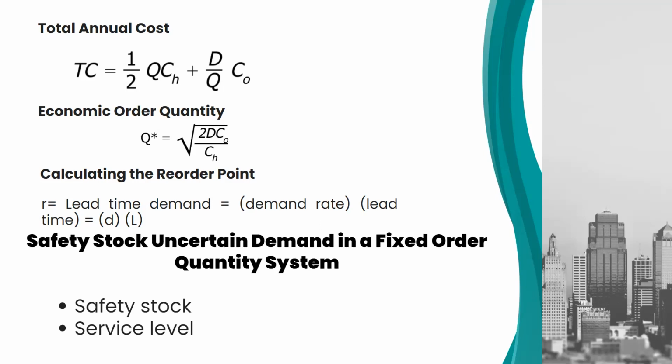Here's the formula for calculating the reorder point. Reorder point equals lead time demand, LTD, equals demand rate or D times lead time. For safety stock, uncertain demand in a fixed order quantity system.